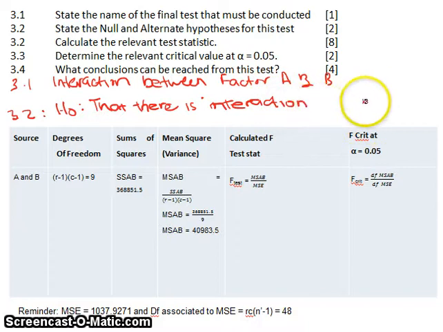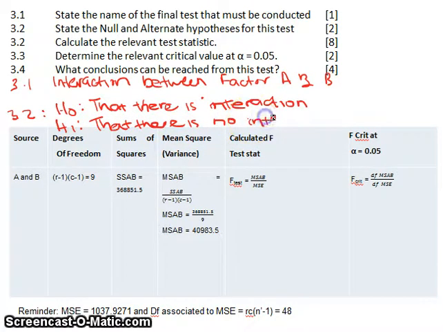Between, continue to just say between the earnings brackets and the government departments. I'm running out of time, so I don't want to be writing that. And the alternate hypothesis is that there is no interaction. I've only got 3 minutes left. No interaction, but please do write interaction between the earnings brackets and the government departments.